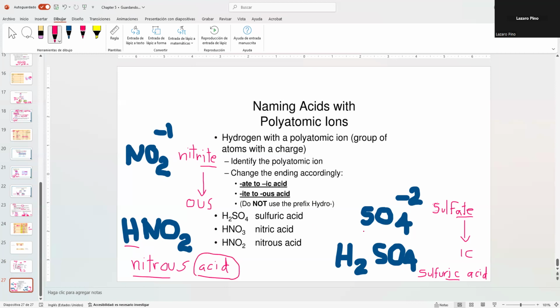Here you have SO4 negative 2, which is sulfate for the cases in which you have a metal plus the SO4. But if you have hydrogen at the beginning, it's an acid, then in the case of an acid, you don't say sulfate, you say sulfuric. You change the ate to ic.